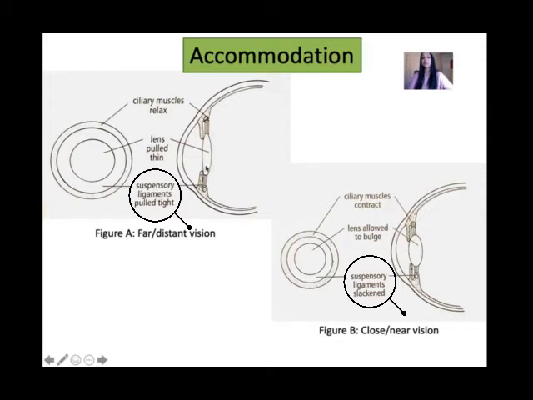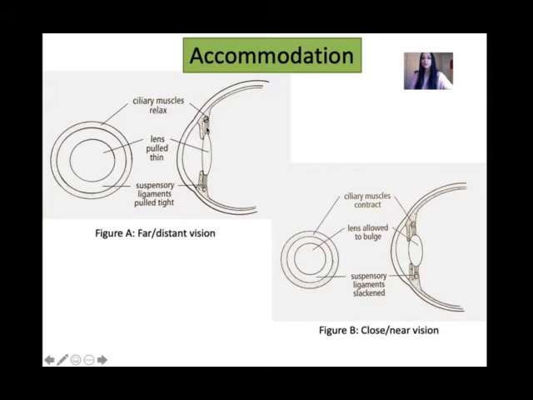So here's our lens. Behind the lens we have these long thread-like structures. Those are the suspensory ligaments. Holding the suspensory ligaments in place will be our ciliary muscle behind it. So here we have our ciliary muscle.